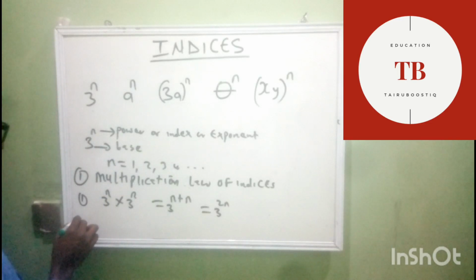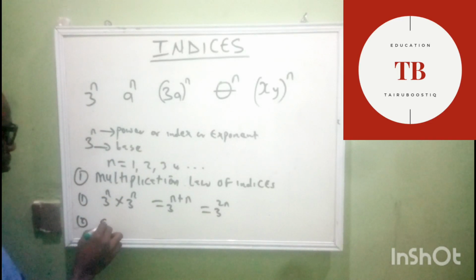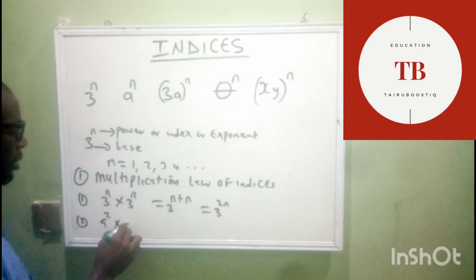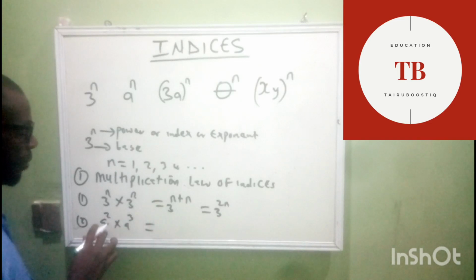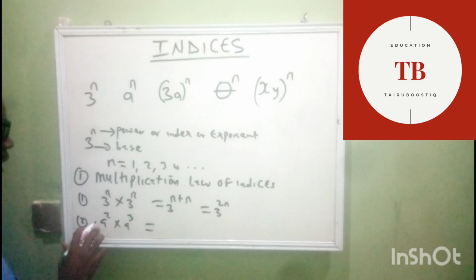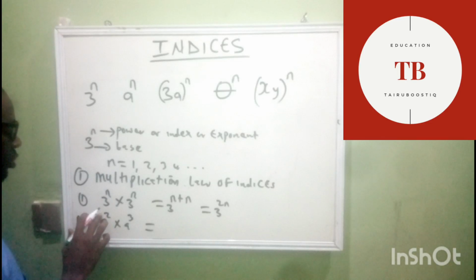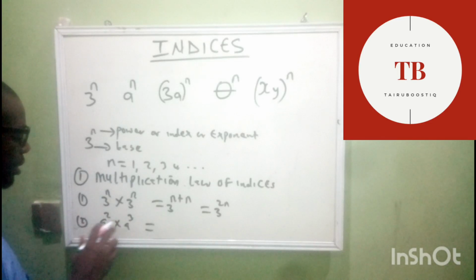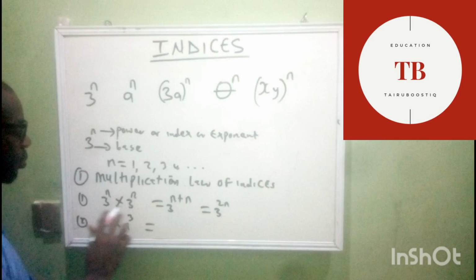Example, when we have a raised to power 2 times a raised to power 3, and we are asked to simplify, we look at the base, which is a, and the powers, which are 2 and 3. Since the bases are the same, we add the powers.